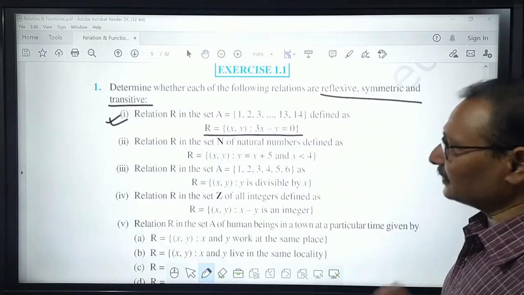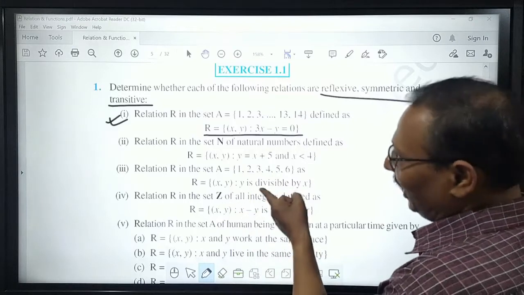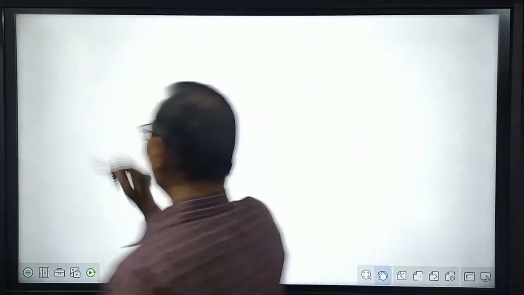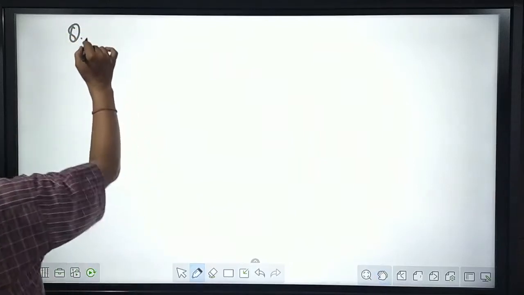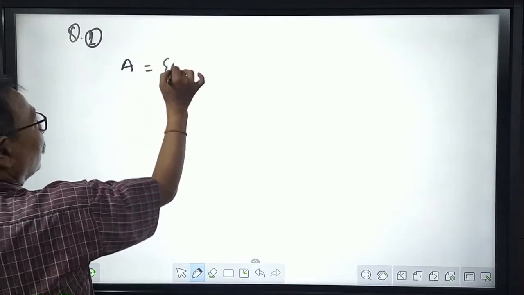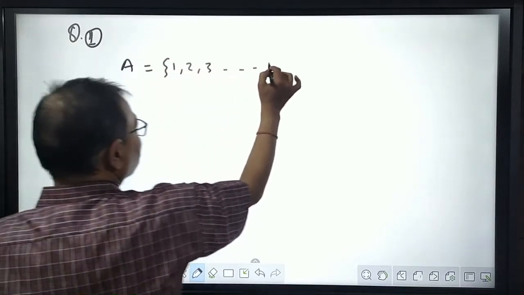The relation R is over a set A, which contains the elements 1, 2, 3 up to 14.